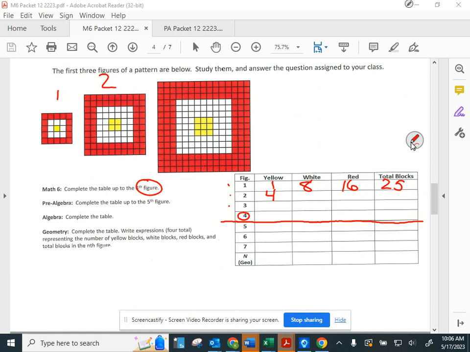How many whites? 32. How many reds? 64. And how many total? 100. So now I'm going to look at my third figure. How many yellows are there? How many whites are there? 72. How many reds? 144. And how many all together?